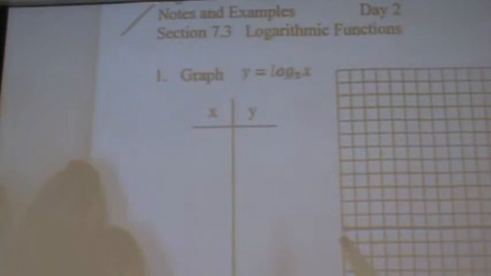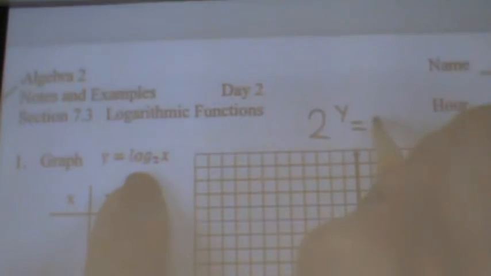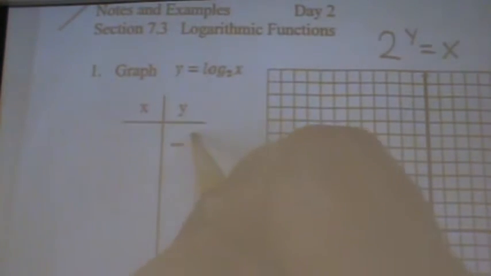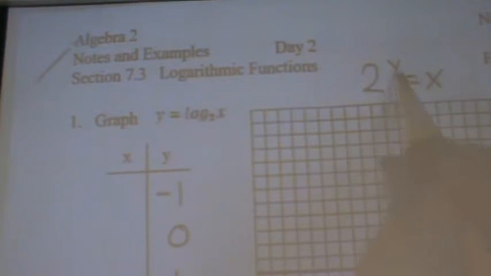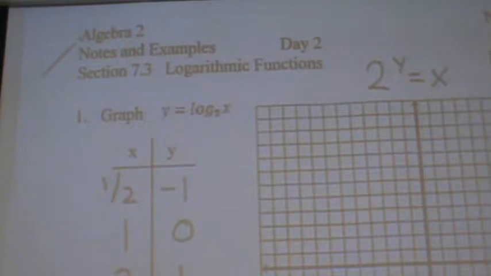Okay? All right. Now go back up to number 1. We're going backwards. How would you graph this one? What's the base on this one? 2. So this problem is 2 to the y power is x. So what's different about this is the base. So when you do -1, 0, 1, and 2, you're plugging them in for y, and you're going to get 1/2, 1, 2, and 4.